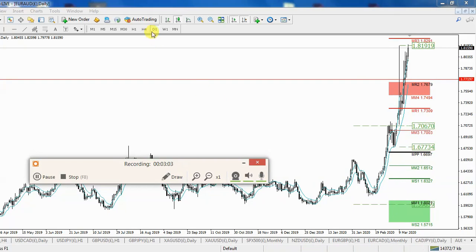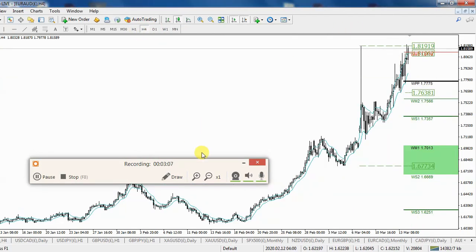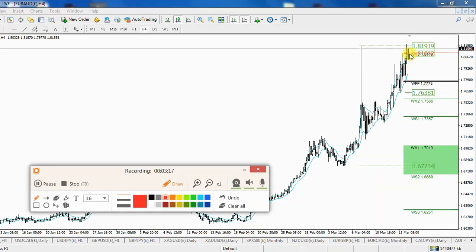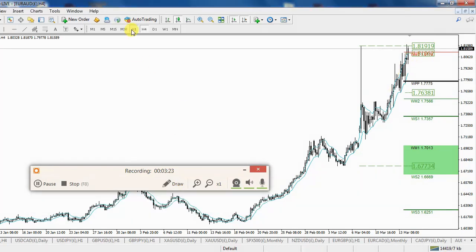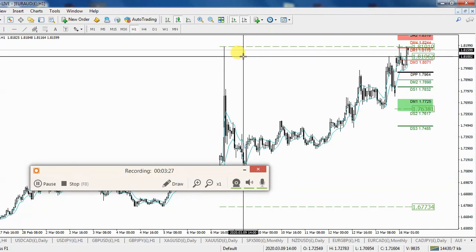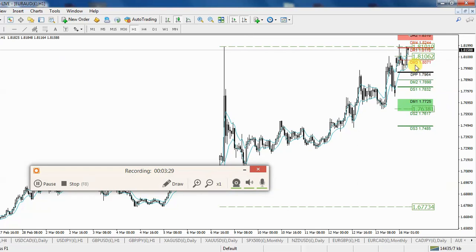Now let's discuss entries, exits, and stop losses. So for the 4-hour chart, when this candle closes in another 45 minutes, and then price retraces down to this level, which is at 180.100 roughly, then we would be looking to get onto the long side. With a stop loss of about 50 pips.